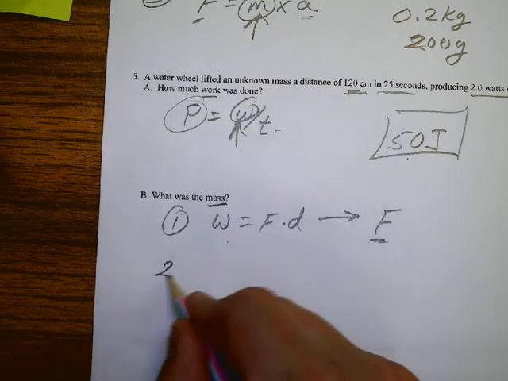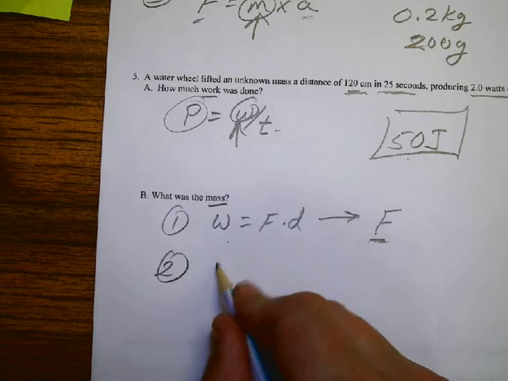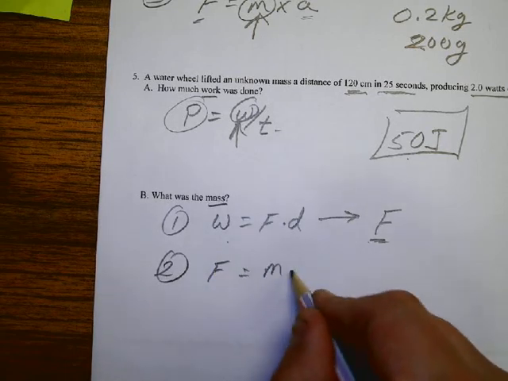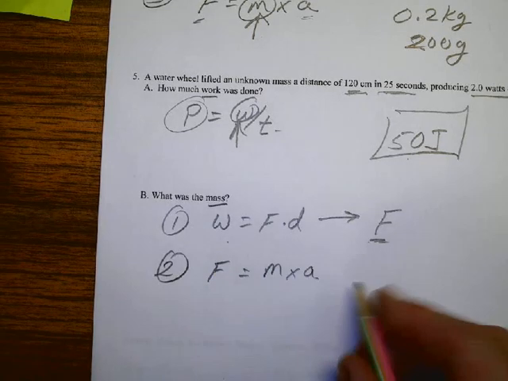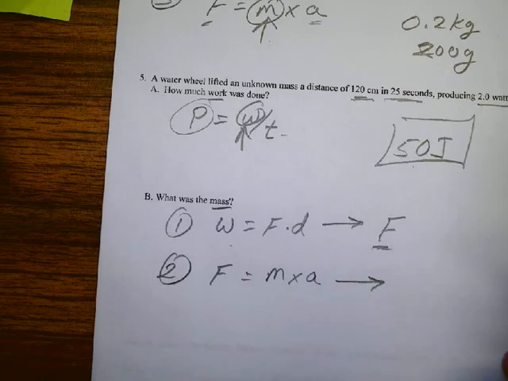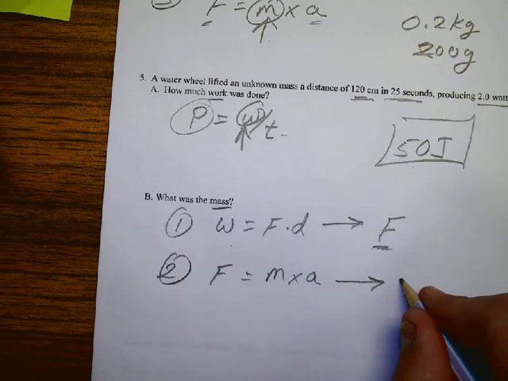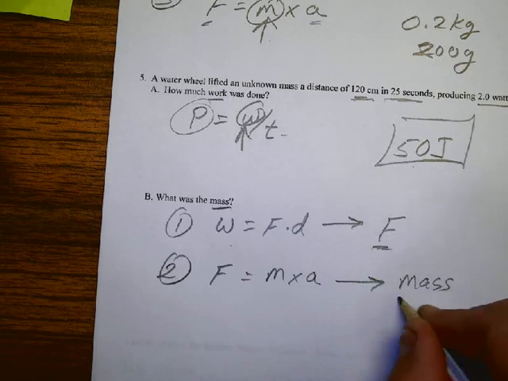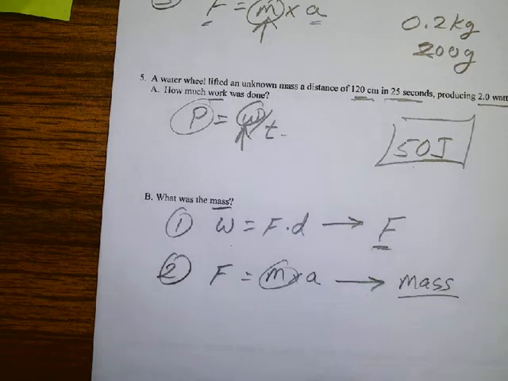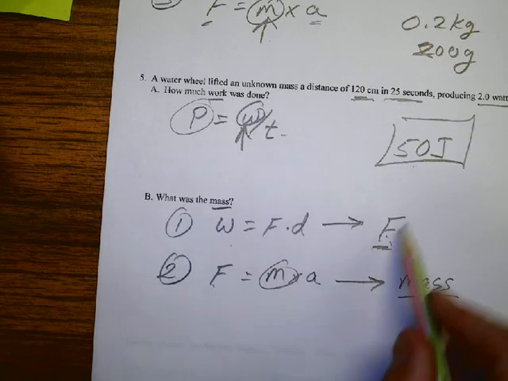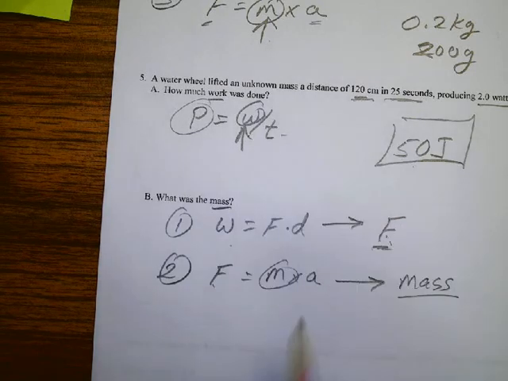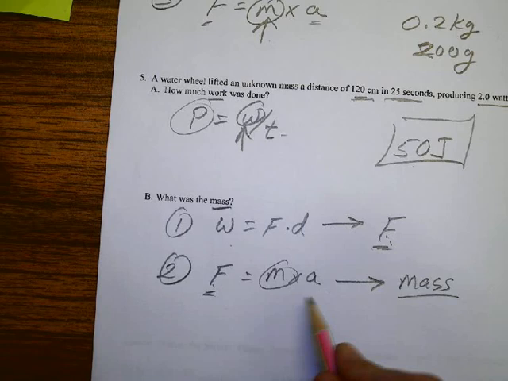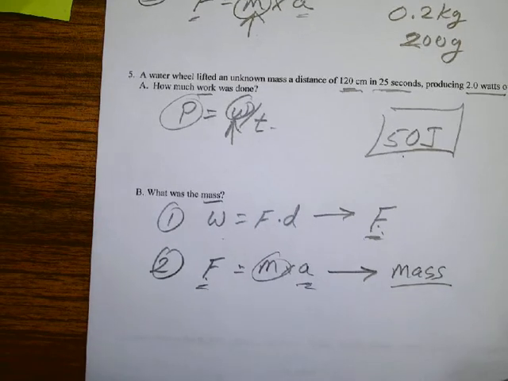Then the second step, since force equals mass times acceleration, you can now find the mass. You can solve for m. You got the force from step 1 here, you got work from the power, and so you know force. You know what the acceleration is, and you can find the mass.